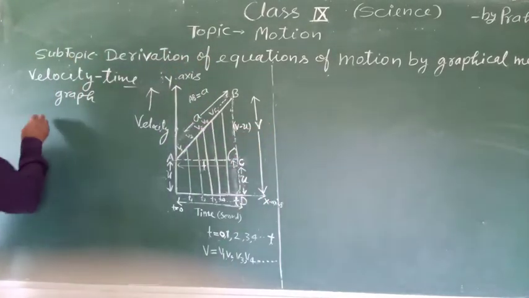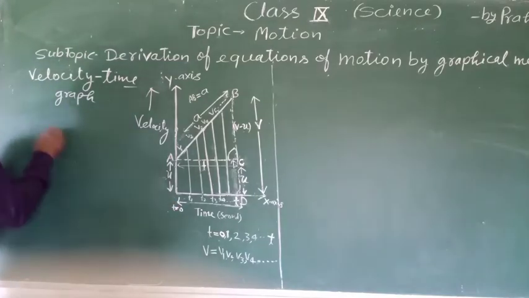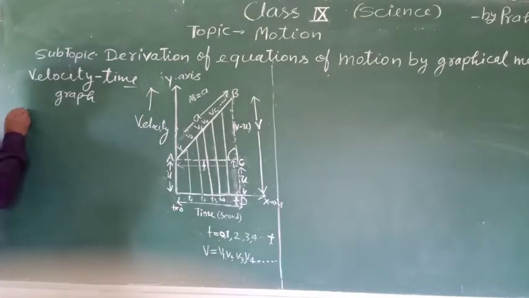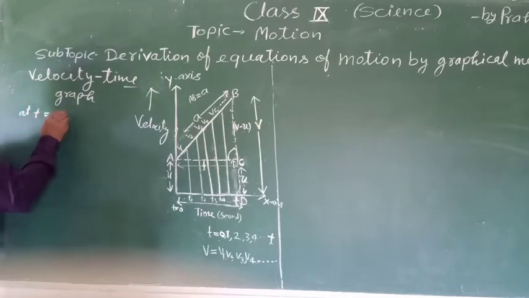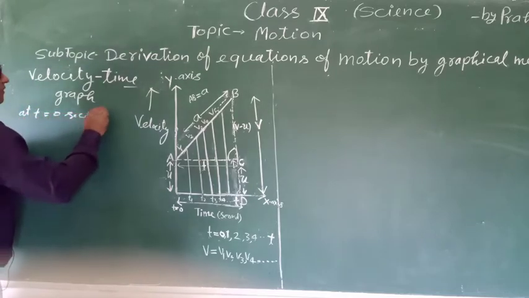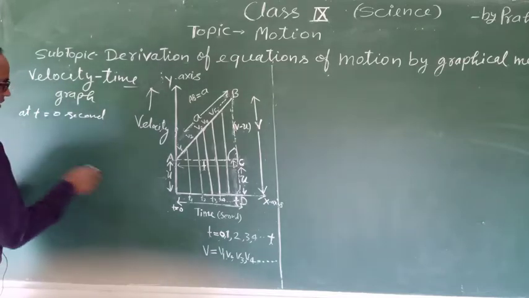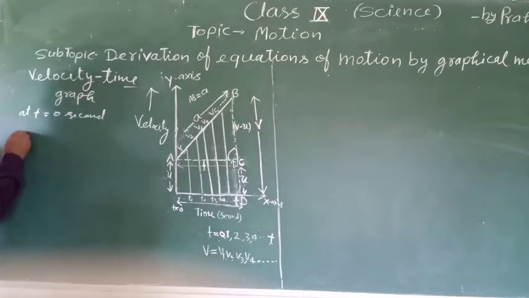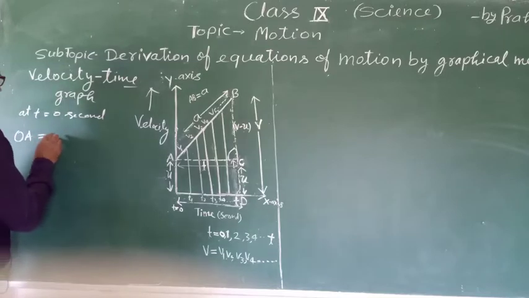At t is equal to 0 seconds, the initial velocity OA is equal to u.